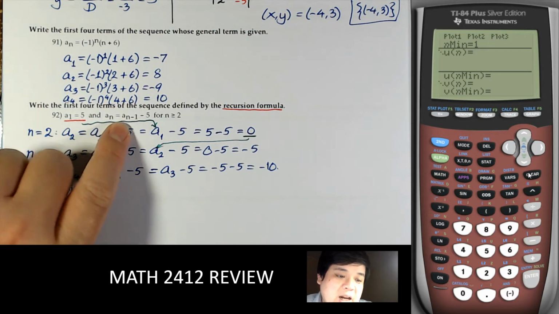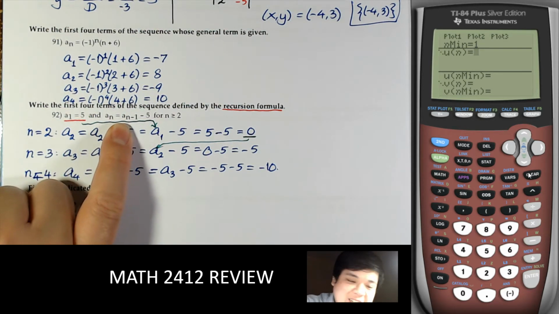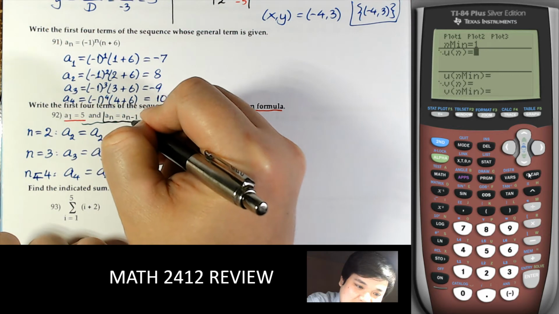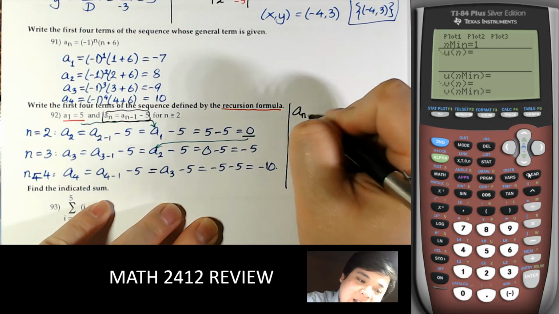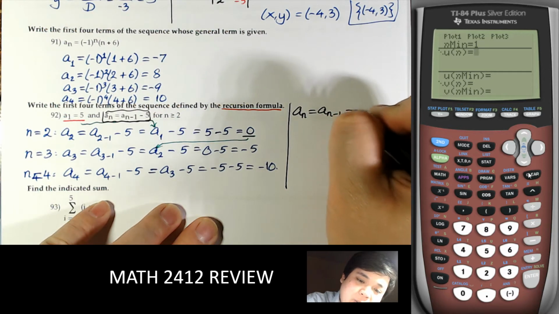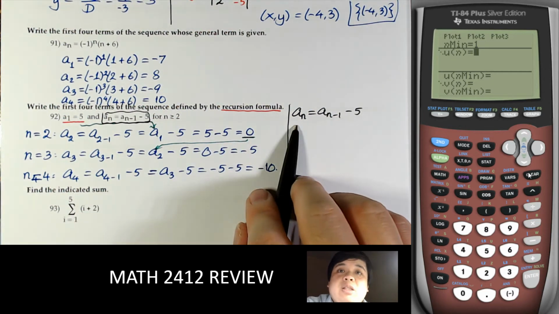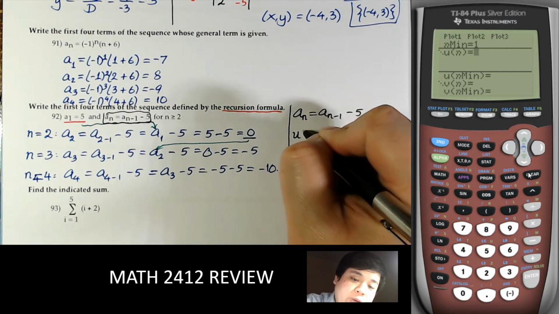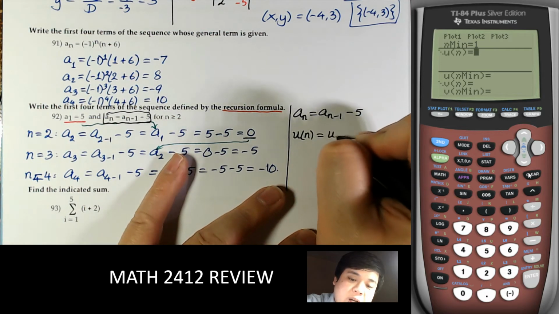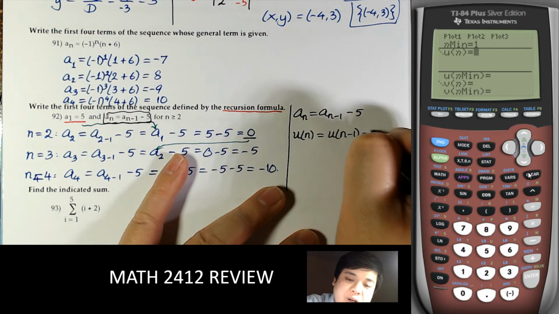If we have the calculator, we hit y equal 2. We're going to enter exactly that. I mean, not exactly. Have to write a little bit differently. So we have a sub n equal to a sub n minus 1 minus 5, meaning that this term is equal to the previous term minus 5. So if we write in the calculator, it will be u of n equal to u of n minus 1 minus 5.